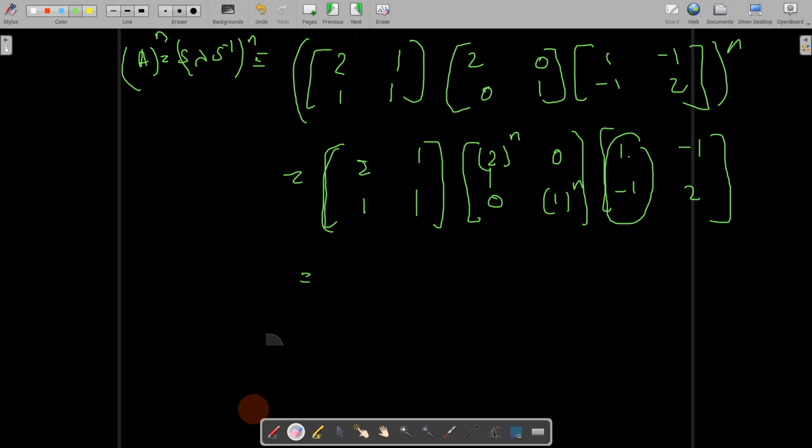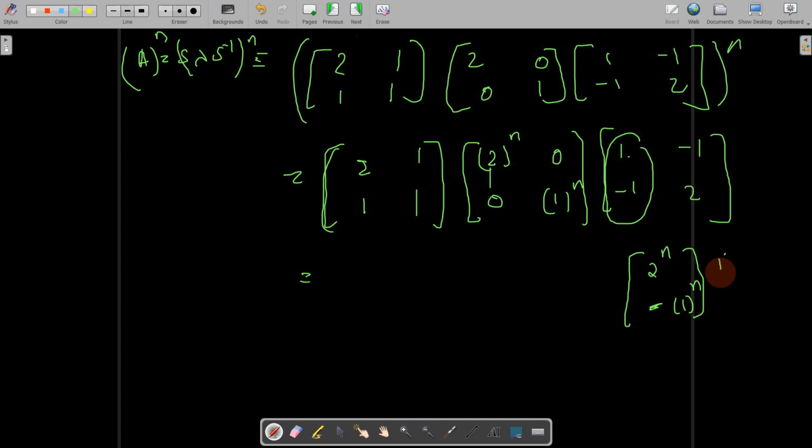Okay, let us continue again. So 1 times this column, we will get 2 power n, minus 1 times this column, so you get minus 1 into 1 power n. This will definitely have a minus sign.